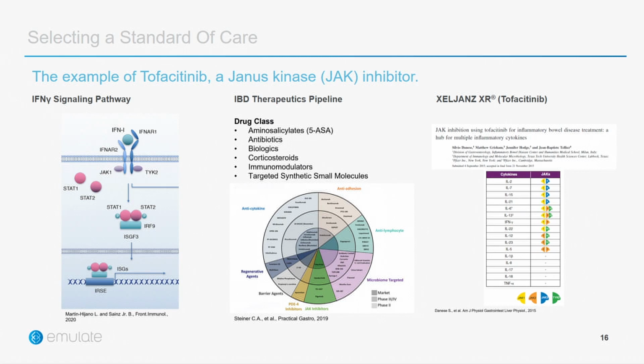According to the interferon gamma signaling pathway, we decided to move forward with tofacitinib, which is a small molecule JAK inhibitor, FDA approved and already used in clinic as a treatment of IBD in combination or not with biologics.